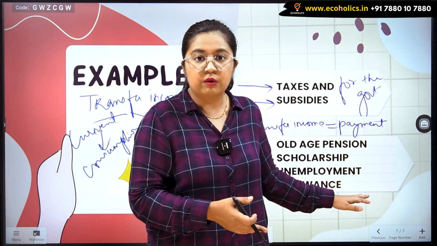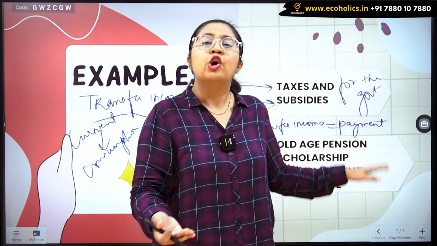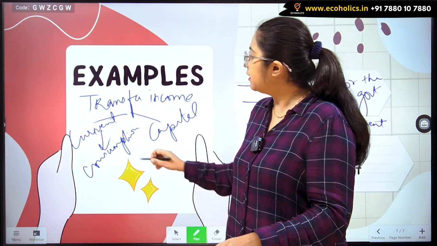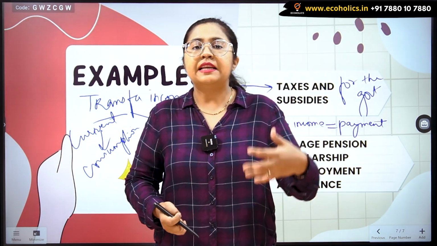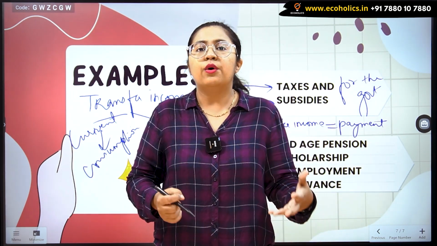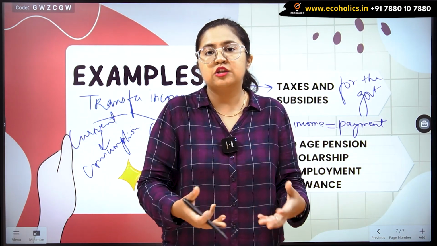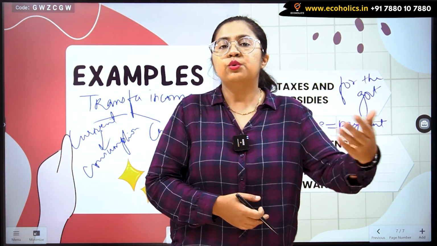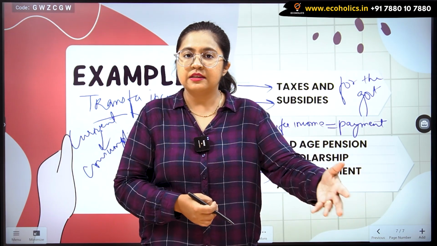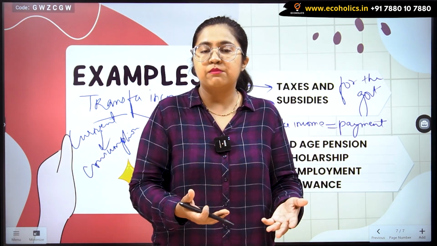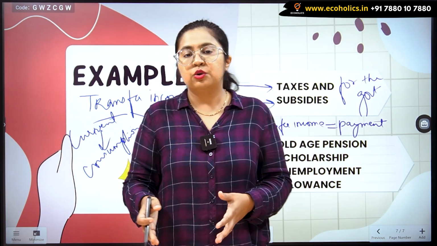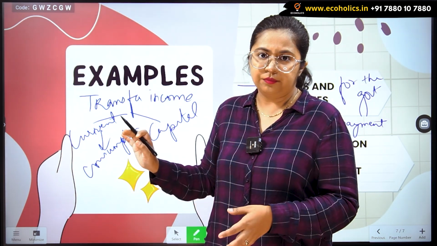So unemployment allowance comes under current transfers. Similarly, any other allowance or support provided to individuals or businesses for their routine or regular consumption will be considered current transfer.